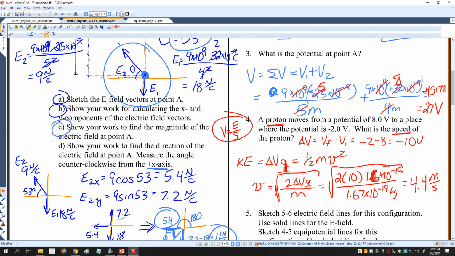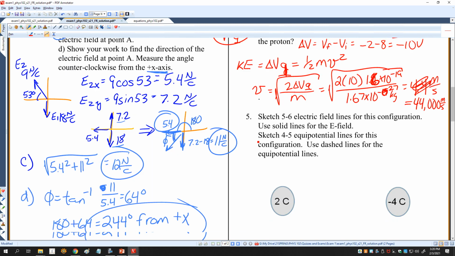Let's see. Oh no, shoot! I made a mistake here. That's not right. This should be 27. Let me pause for just a second. Okay, when I do that, I get 44,000 meters per second.